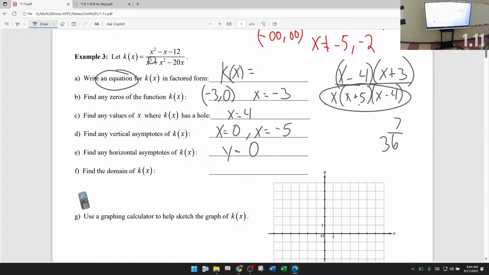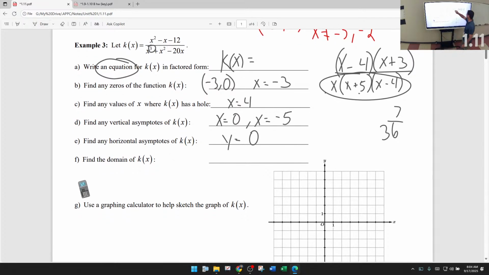Great, great. And then they want me to plug this up into my calculator. And so, guys, these are equivalent. This one and this one are equivalent. It's probably easier to plug in the original than it is the factored, because you got all kinds of parentheses going on the factored. Whereas the non-factored, you only have 1 set of parentheses over 1 set of parentheses. You got to put in parentheses, though. If you don't put in parentheses, it's going to mess up. So open a parentheses, put the top, close the parentheses, divided by, open parentheses, put the bottom, close the parentheses.